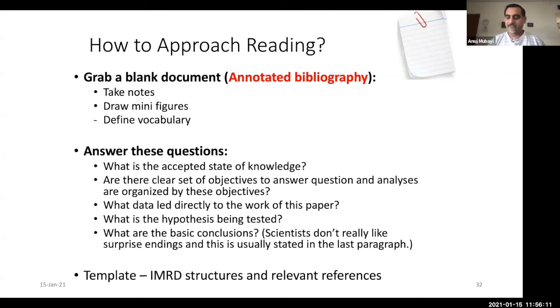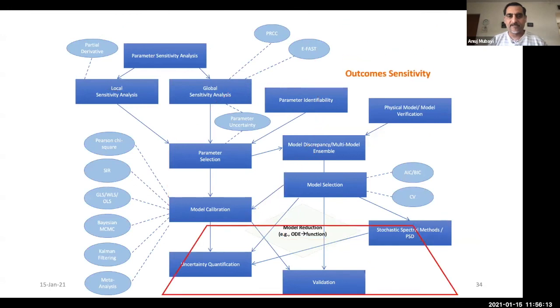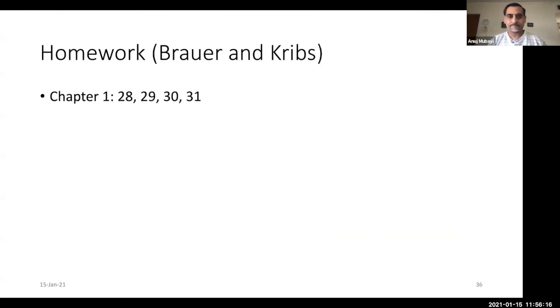Let me reduce the number of problems for you guys. In this part, only cover 29 and 30. Forget about 28 and 31. I will upload the latest file as the homework assignment here. So 29 and 30 as homework only. Leave the first one and leave the last one.